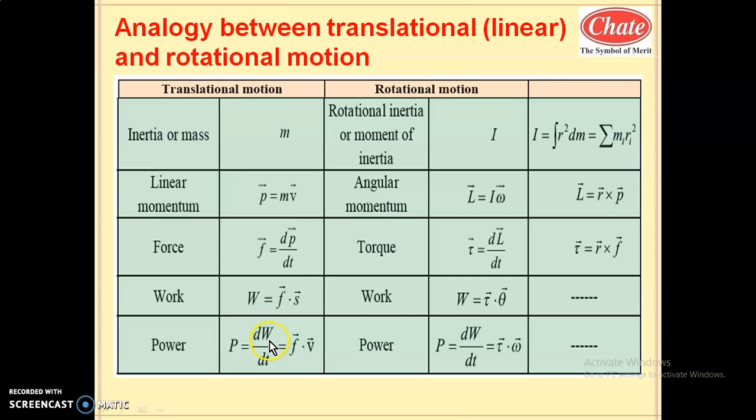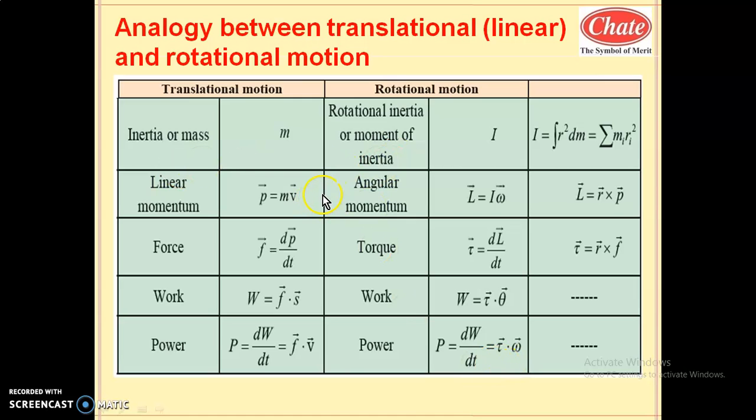So power is written as vector f dot v. It is the rate of doing work. The analogous equation of power in rotational motion will be power equal to rate of doing work, that is tau dot omega, because force is analogous with torque and linear velocity is analogous with angular velocity.